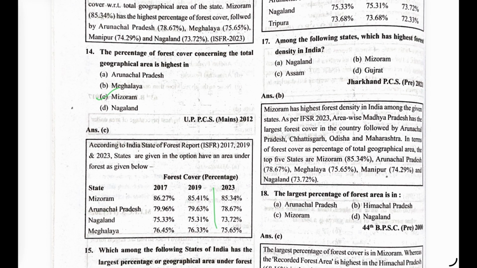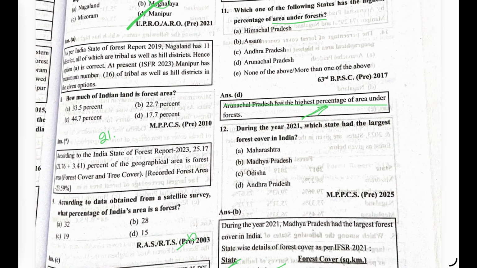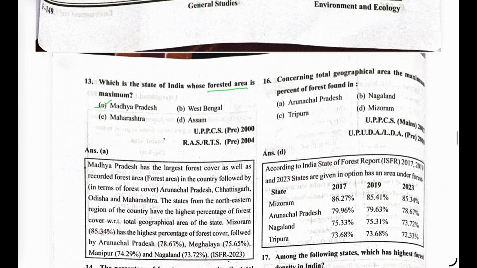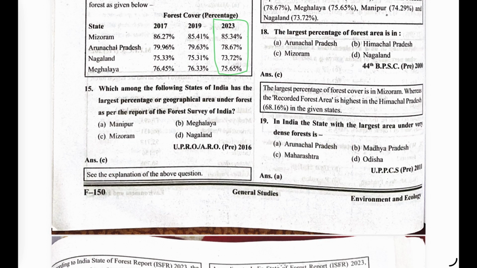In 2003, you can see Mizoram had the highest percentage of forest cover. Here you can see area under forest cover, Madhya Pradesh, then Arunachal Pradesh in percent, and Mizoram in percentage. Which among the following states of India has the largest percentage of geographical area under forest as per the report of the Forest Survey of India?